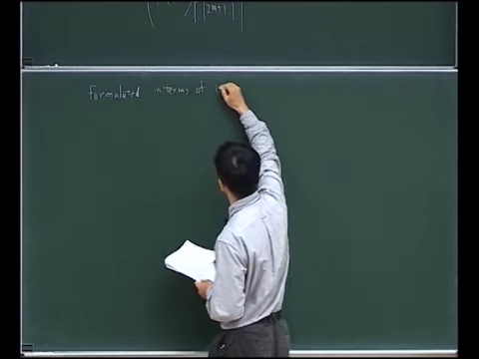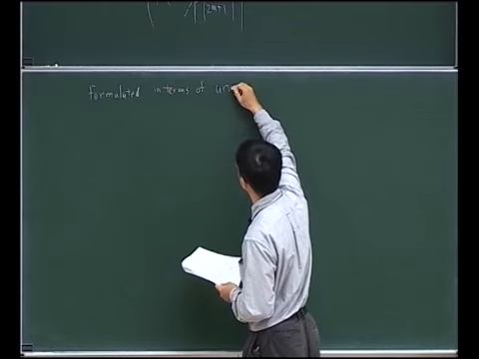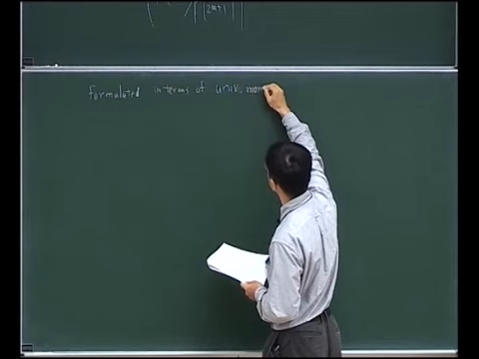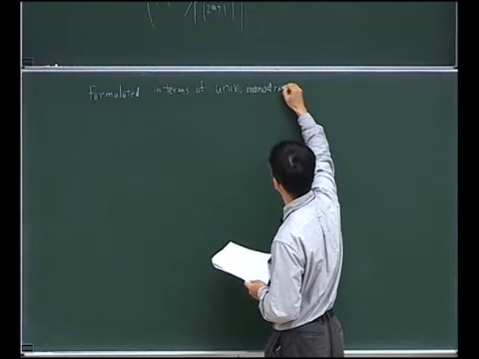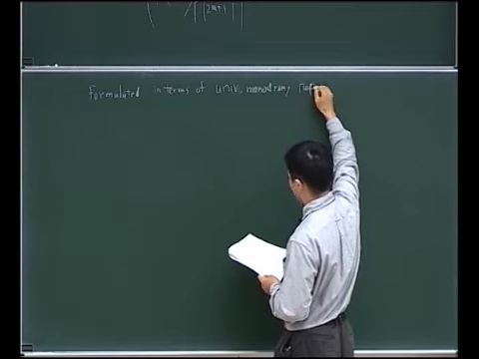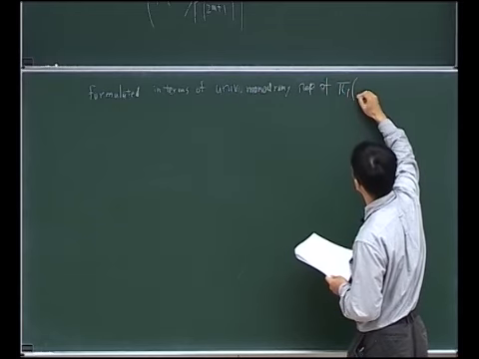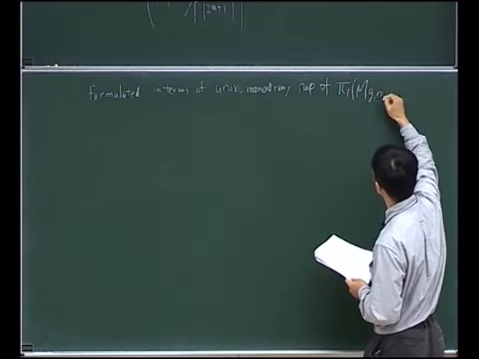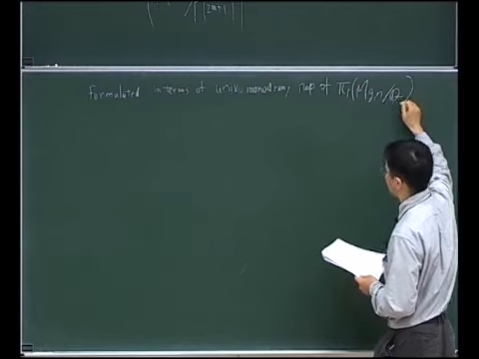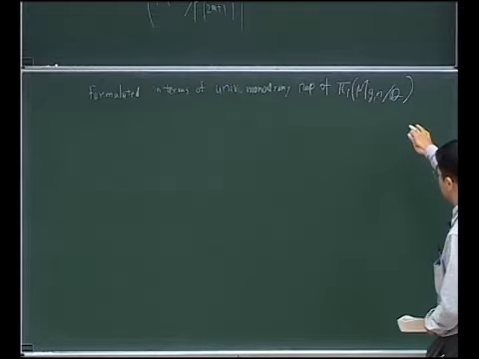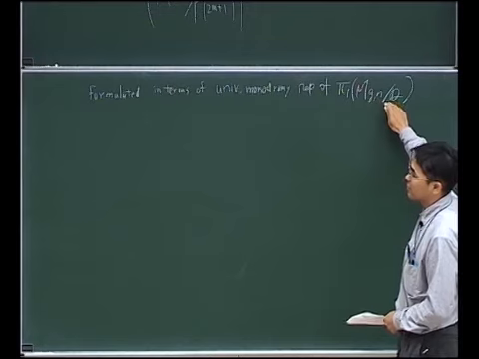Actually, a more precise formulation in terms of universal monodromy representations of pi 1 of M_{g,n} over Q has been made.